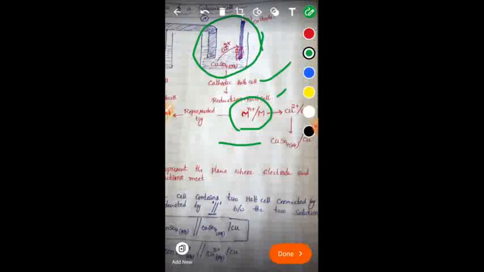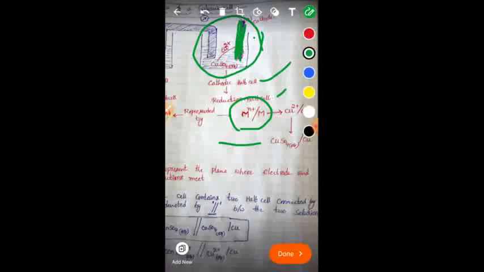Which element is undergoing reduction? Cu2+ is converted into copper and deposited on the cathode. Here copper is deposited from this solution. In solution, the copper is present as Cu2+. All these Cu2+ ions are going to deposit at the cathode by undergoing reduction. So Cu2+ converts into Cu.